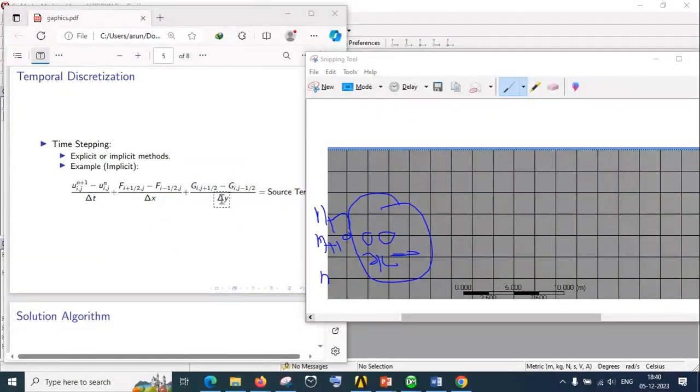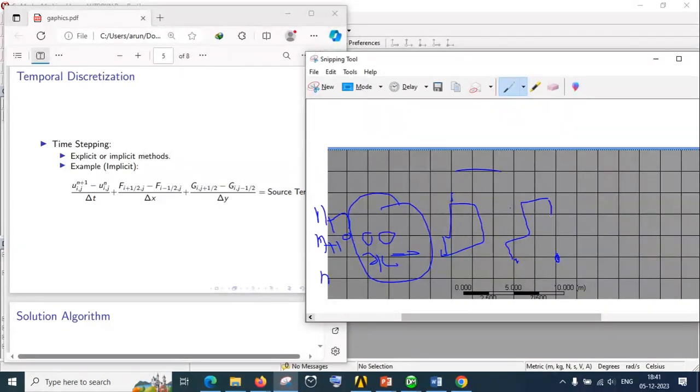Basically there are two methods of temporal discretization, the implicit scheme and the explicit scheme. The implicit scheme is like this domain, the primary domain which includes the total domain size, and in the explicit scheme we converse all parameters in this domain and this domain.